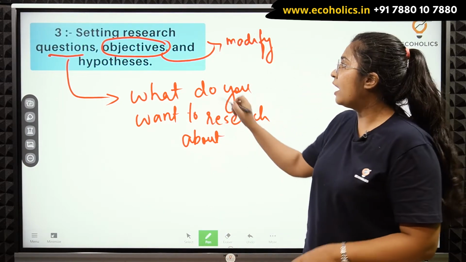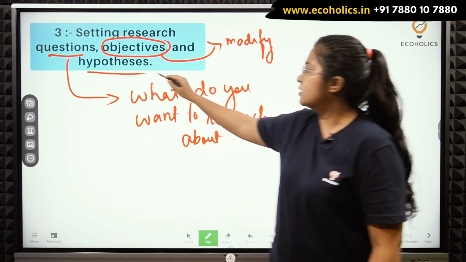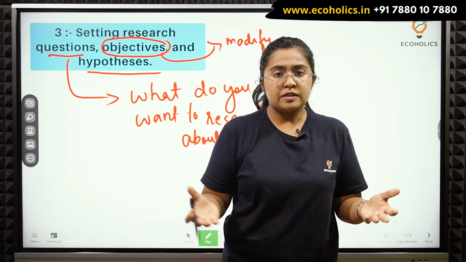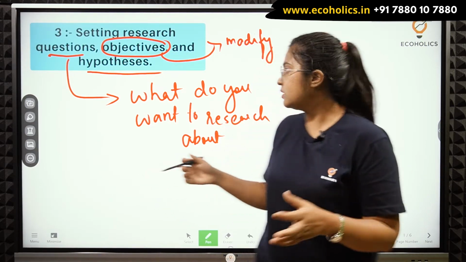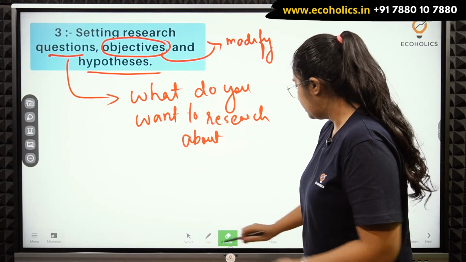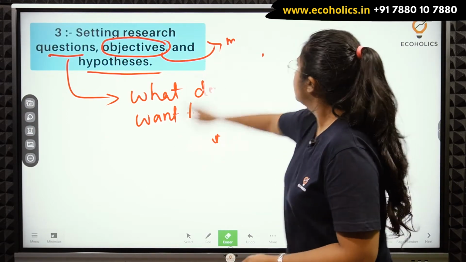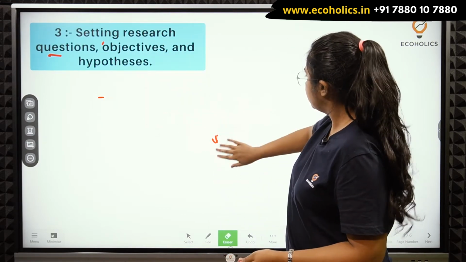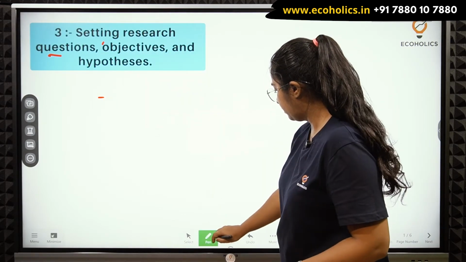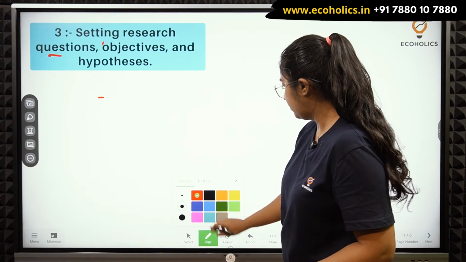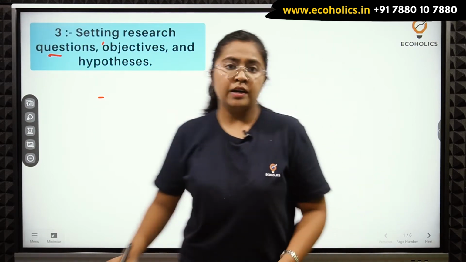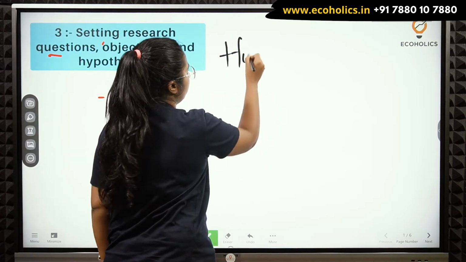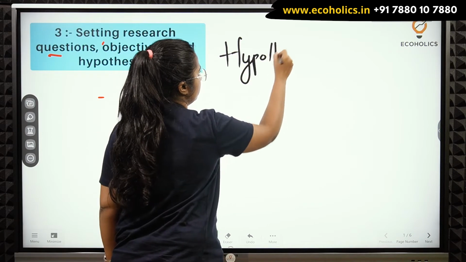And now we have the concept of hypothesis. Whenever you frame the hypothesis, there are 2 types of hypothesis. Now let's understand the concept of hypothesis.